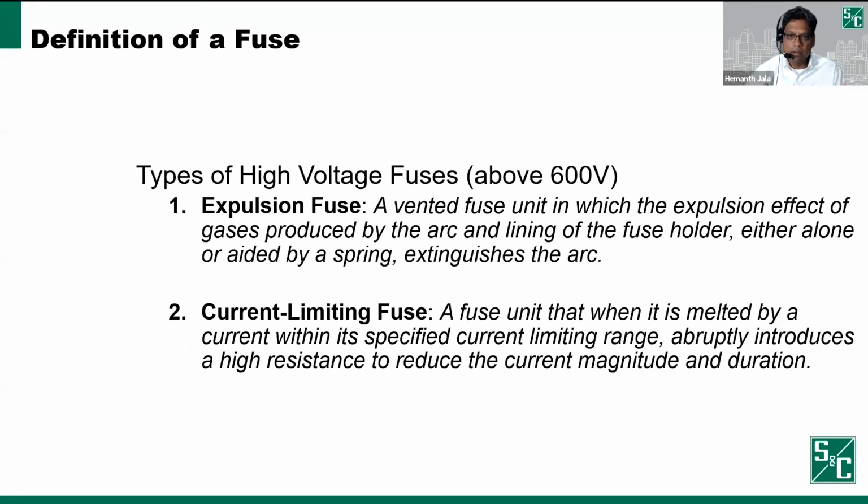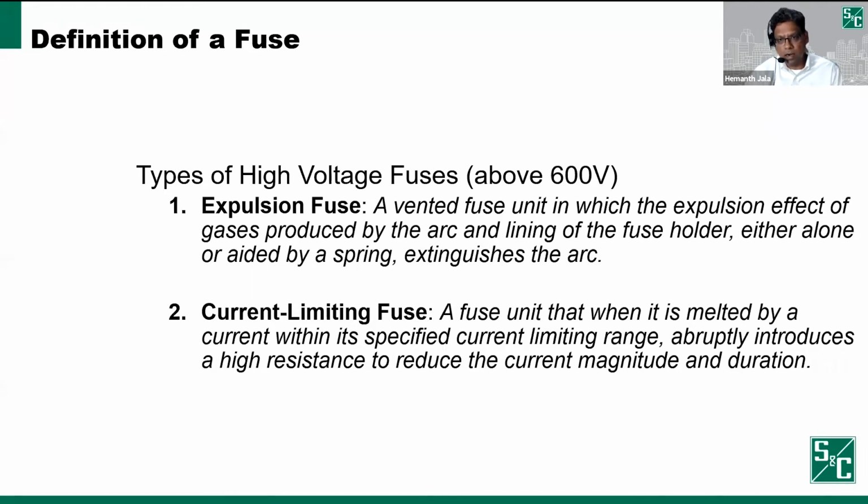When it comes to high voltage fuses, there are two types of fuse technologies. The first one is expulsion fuses. The second one is a current limiting fuse. Expulsion fuses are basically when you have a fuse that uses expulsion gases. There's some interaction between the arc and a solid material, usually a solid material that generates the gases.